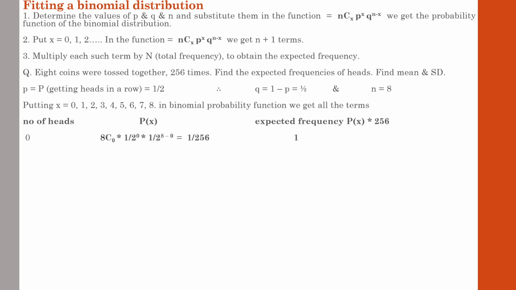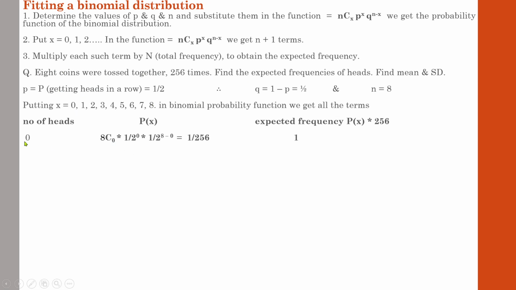So first one, let us begin with number of heads. First one, if you are getting no heads, that is the value of x is 0. So the equation, we all know the equation, binomial distribution function: nCx into p raised to x into q raised to n minus x. So n is 8. It is already mentioned in the question, 8 coins are tossed. So n is 8.